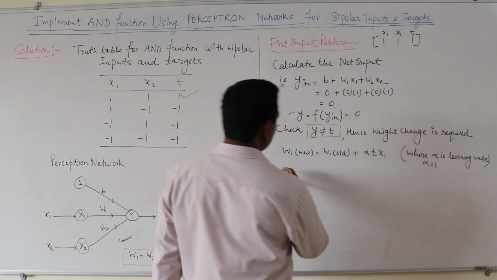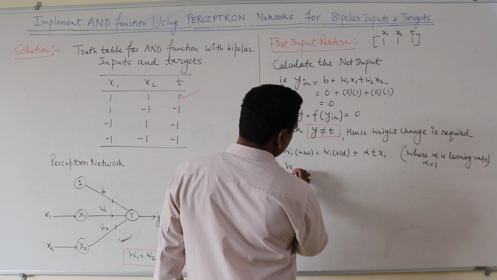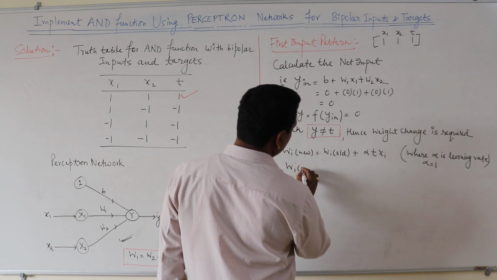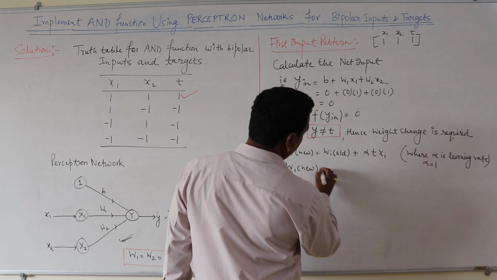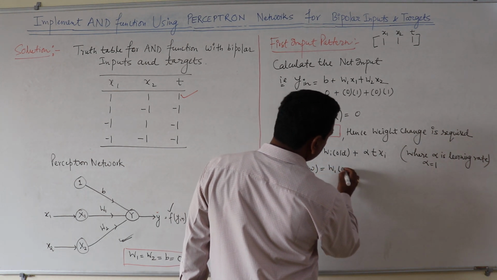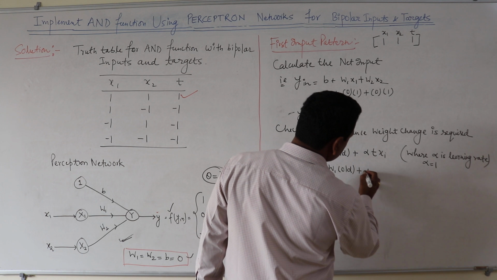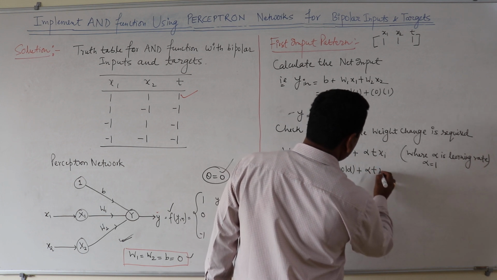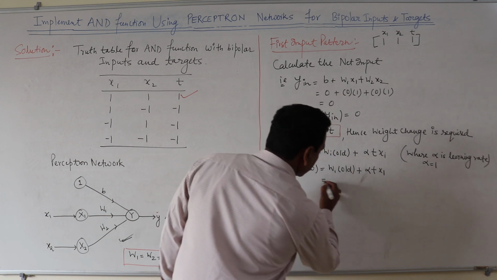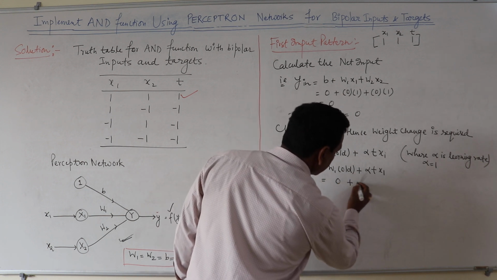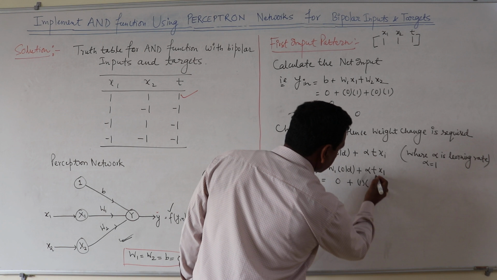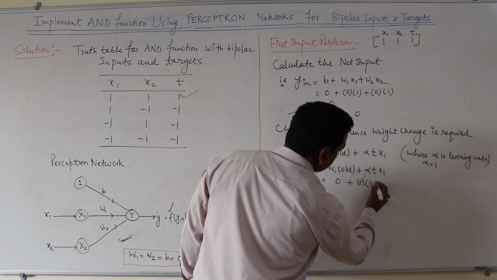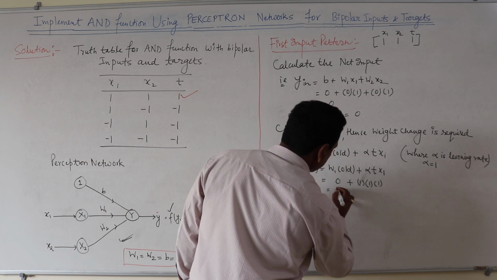Now for W1 new, this is W1 old plus alpha t x1. W1 old is 0, alpha is 1, the target t is also 1, x1 is also 1. So it is 1.